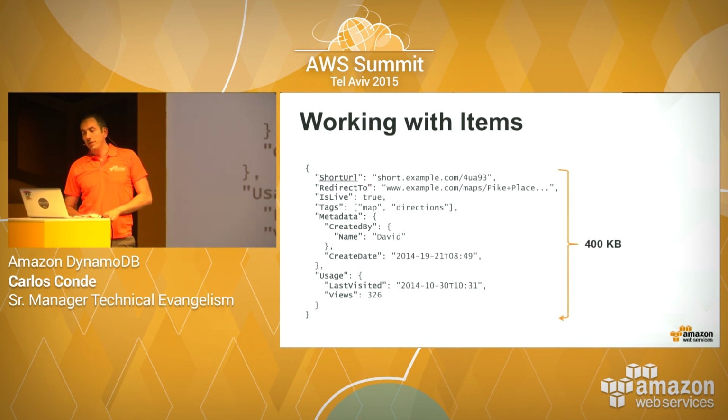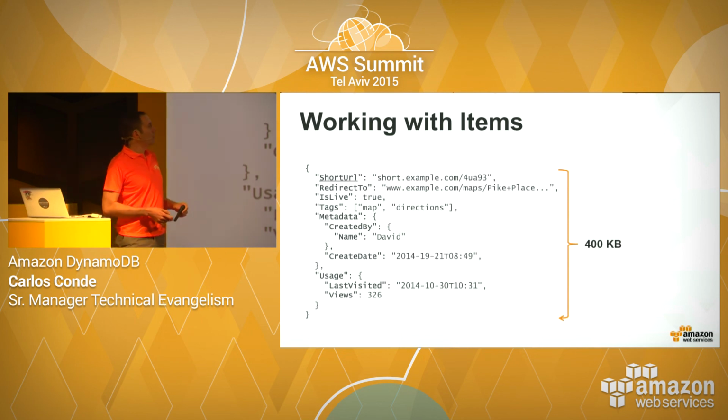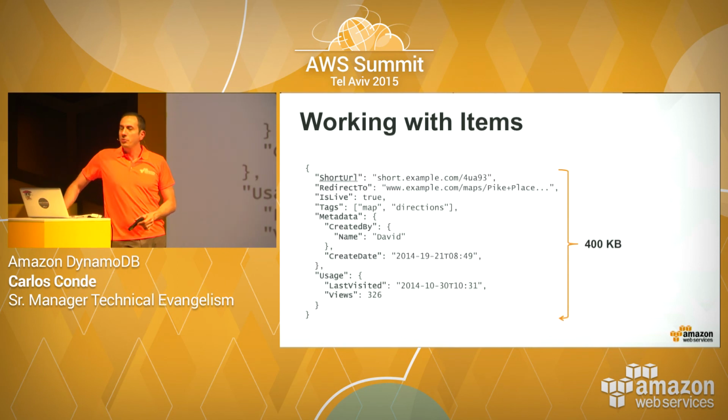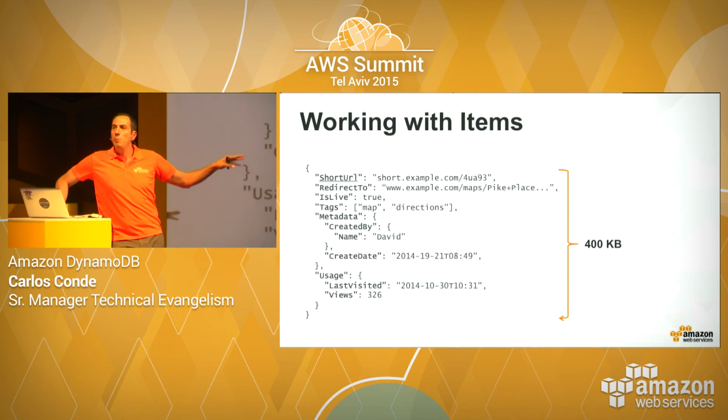And the whole size, as I mentioned at the beginning, is limited to 400 kilobytes, which should be enough for most applications. If you need more than 400 kilobytes, you should really consider putting most of the data into S3 and only keeping the relevant information for the queries into Dynamo.